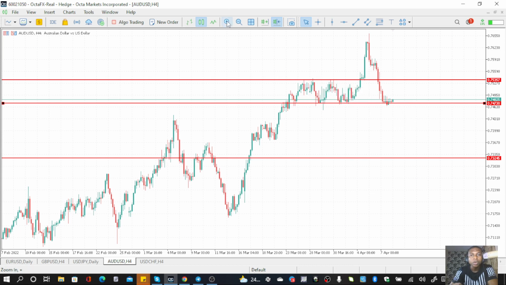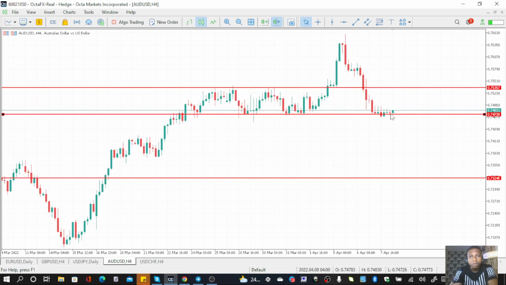So looking closely, what do we expect, right? This level on the 4 hours chart is a resistance level, support level to look at, to consider. So there will also most likely be a bounce back from this level, right, or possibly a breakout from this support level.